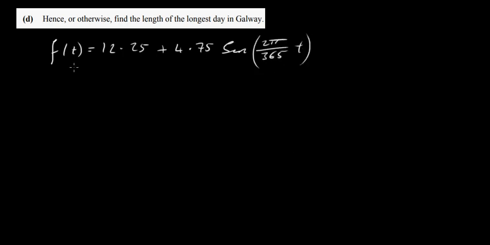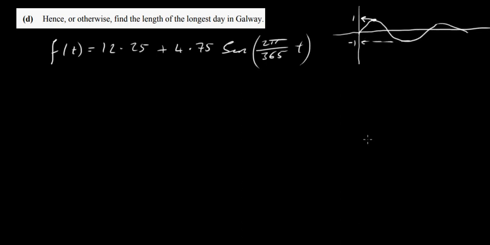Now this function is at a maximum. This is a sine function, and the sine function is going to look like this. Remember, sine functions start here. This is your x and y axis. Sine is at a maximum here when the sine is 1. It's at a minimum here at minus 1.